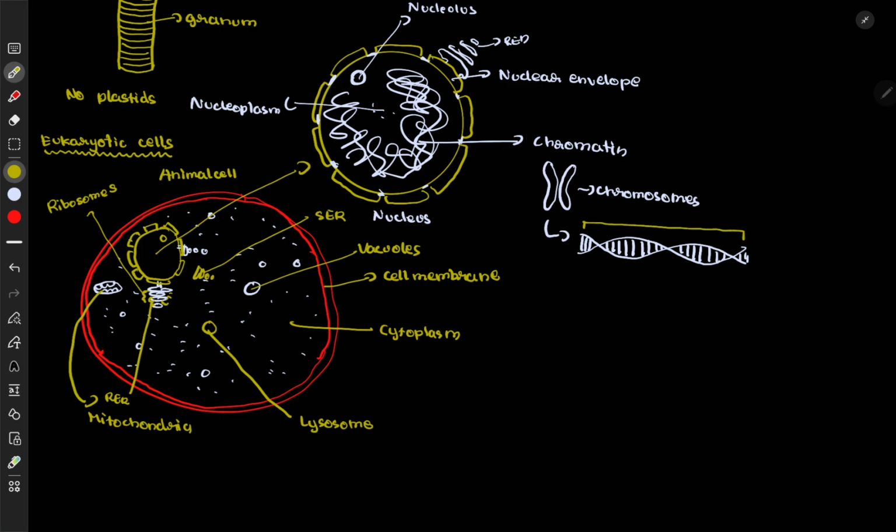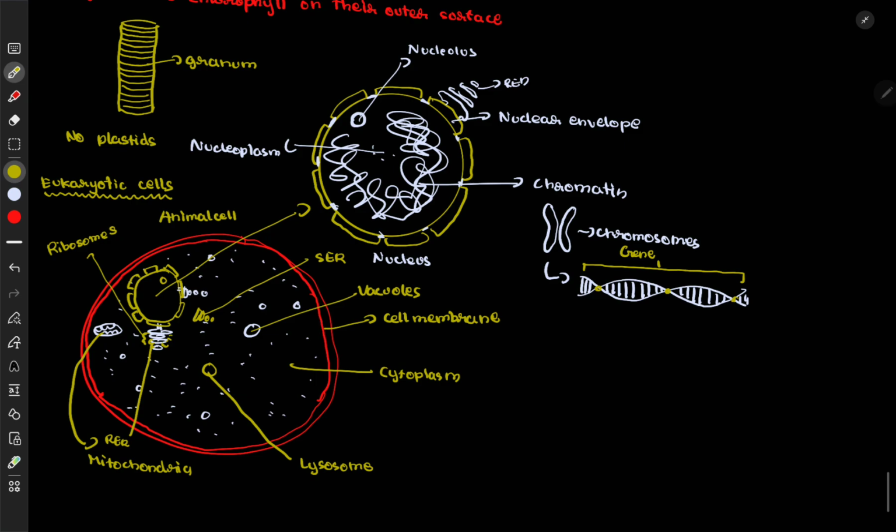Now one segment of our DNA is called a gene. This gene is the hereditary unit of life. So chromatin condenses to form chromosomes.